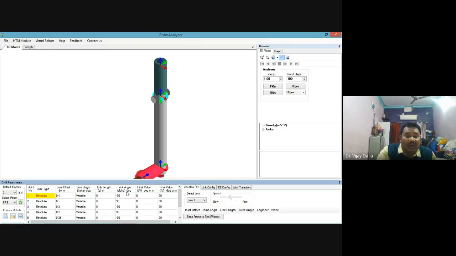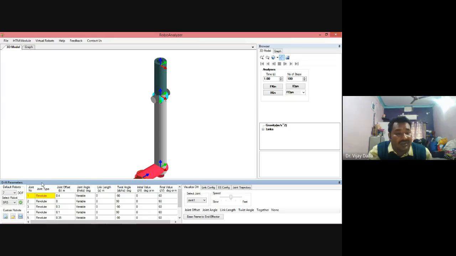Okay. Now the initial value and the final value. Initial value means before the motion of the manipulator, and the final value is after the motion, where our manipulator is. Okay.